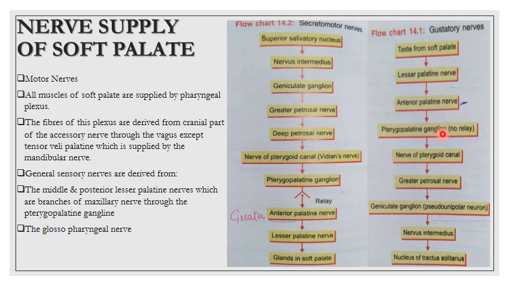Here the fibers do not relay and pass to the nerve of pterygoid canal, then greater petrosal nerve, then they reach the geniculate ganglion. Here these fibers relay and postganglionic fibers pass to the nervus intermedius, and finally they reach the nucleus of tractus solitarius.